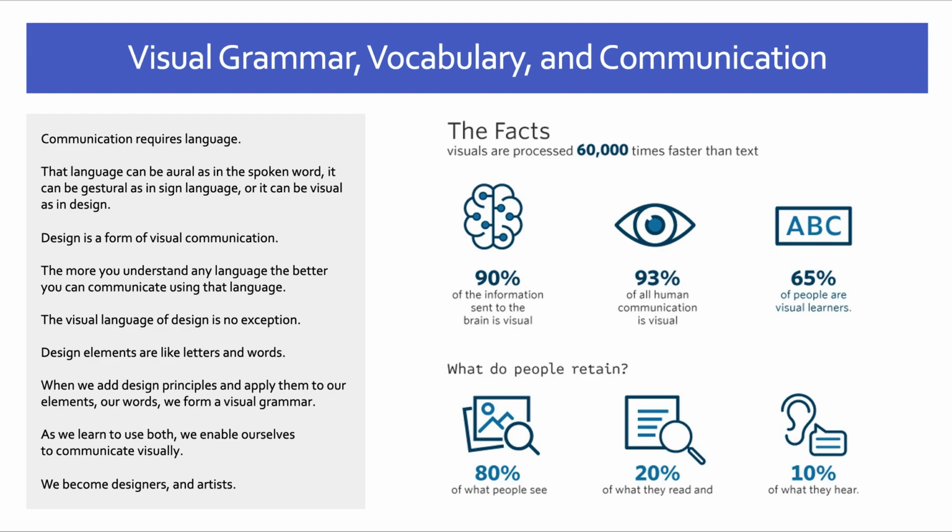But are you? Okay, so here are some facts. We process visuals 60 times faster, and by visuals I mean images, than text. 90% of the information sent to the brain is visual information. 93% of human communication is visual, and 65% of people are primarily visual learners.